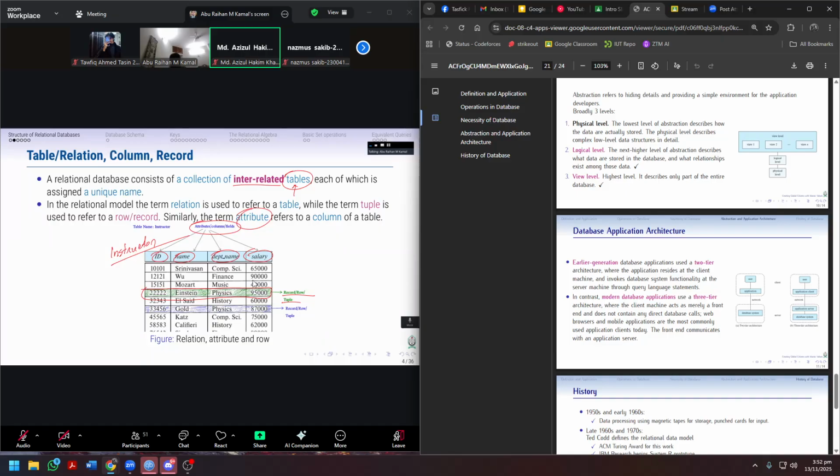One is the table, the basic structure, how you want to organize. Then the individual elements of that organization are called attributes or fields or columns. And then the real data, when you feed it in, one set of data is called a record. Is it clear? Yes, sir.